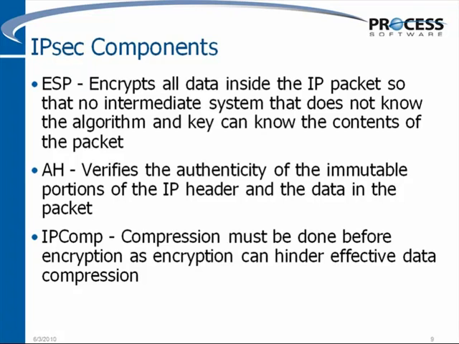The authentication header is an initial checksum to verify that the immutable portions of the IP header have not been changed, and that the packet is coming from who it says it is. It verifies the authenticity of it. Again, the checksum has some additional information that is not in the packet that has been agreed upon outside of the packets. And IP compression, as I said earlier, if you want compression to be effective, you have to do it before encryption, because encryption often destroys those patterns that can be compressed.